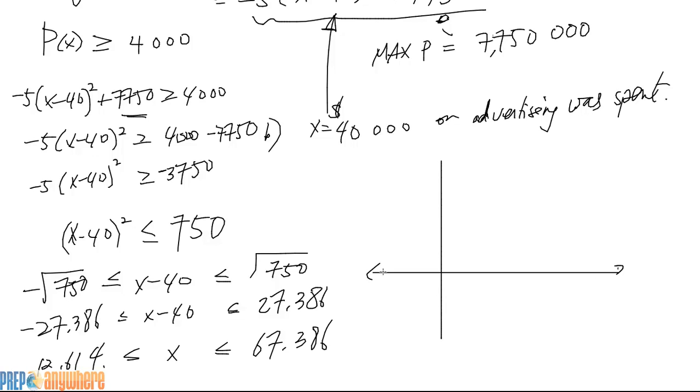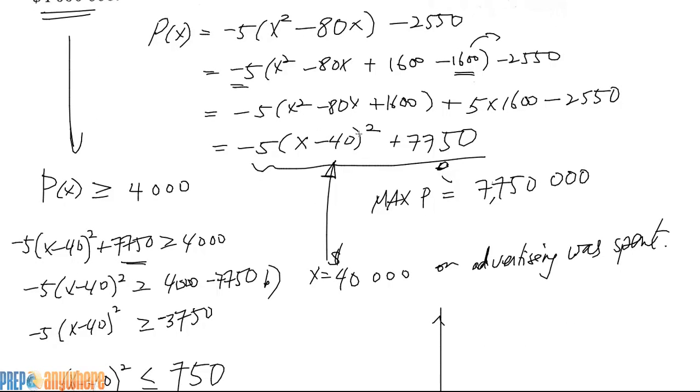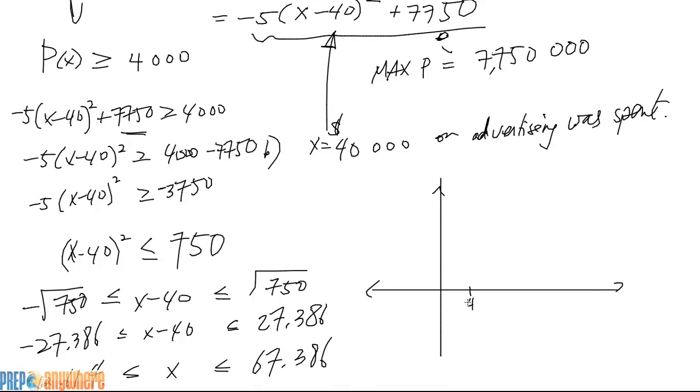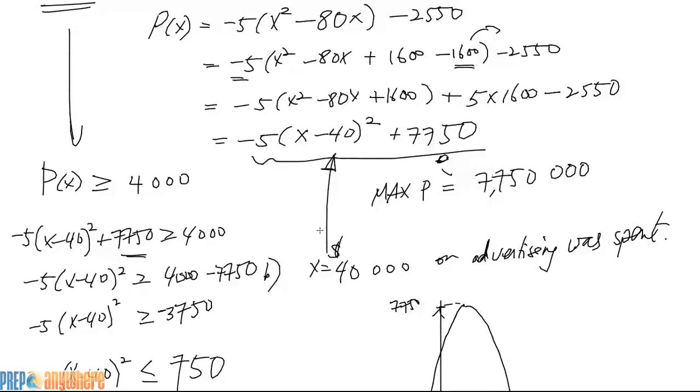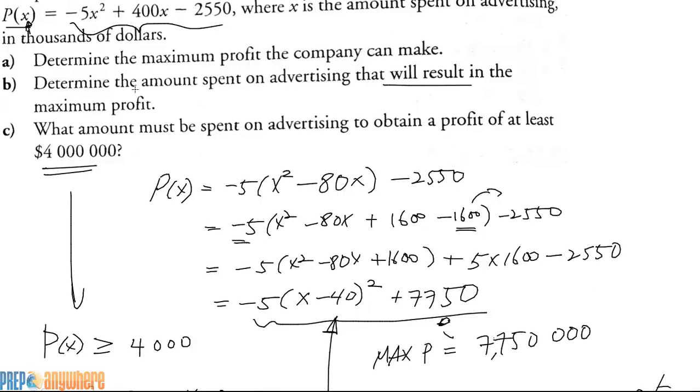Okay, so we have a parabola with vertex located at 40 and 7750. Okay, so it looks like that. It goes down. And we're asked the question, when is the y value at least 4 million?